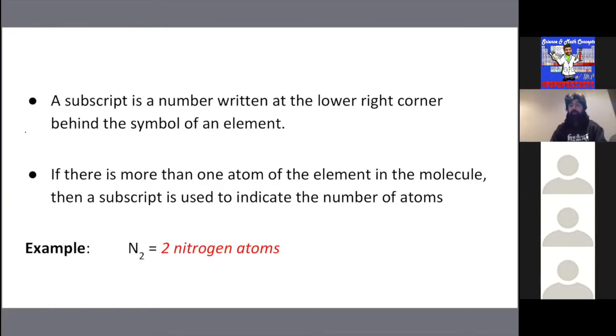We've got a subscript. The subscript 2 in this example, N2, nitrogen gas, implies that we have 2 atoms of nitrogen. If we look at a formula like H2O, this 2 implies that I have 2 H's. The single O here implies that I have 1 oxygen.